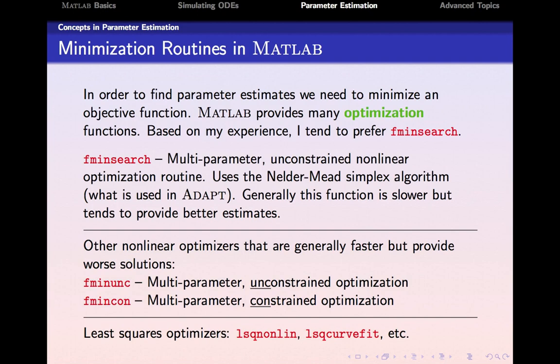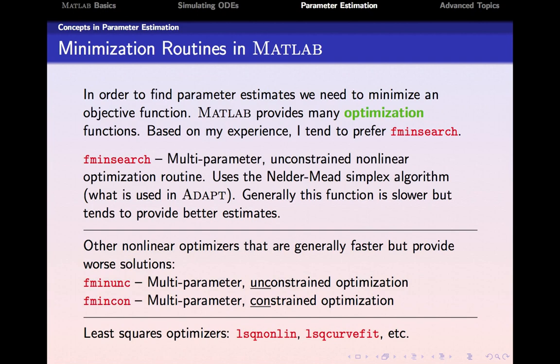I've listed a few here, but the one that I tend to prefer to use is called fminsearch. And fminsearch, it says here, is a multi-parameter, unconstrained nonlinear optimization routine. So it's a very generic routine. It uses some form of the Nelder-Mead simplex algorithm as well, which is what ADAPT uses. And my experience is that generally this function is slower, but it tends to provide better estimates.